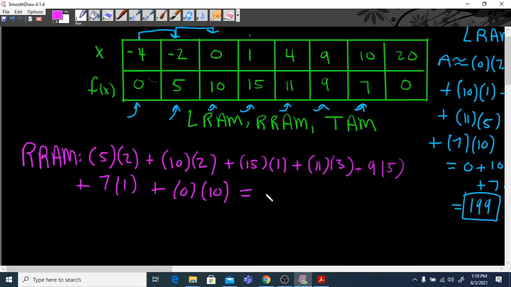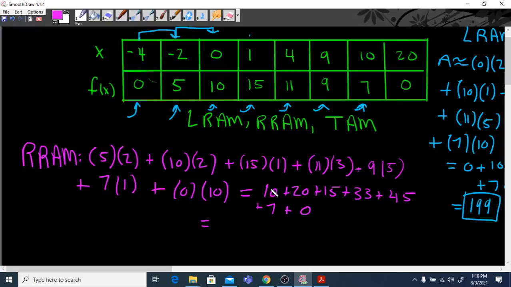All right, so now we wind up with 10 plus 20 plus 15 plus 33 plus 45 plus 7 plus 0.